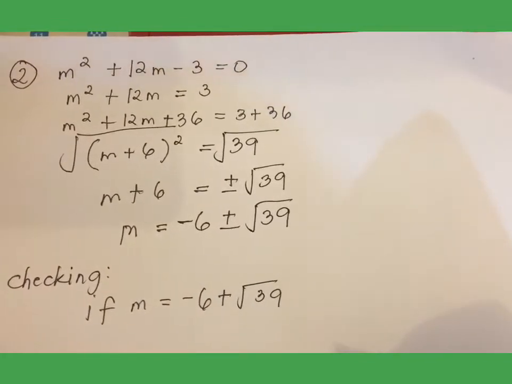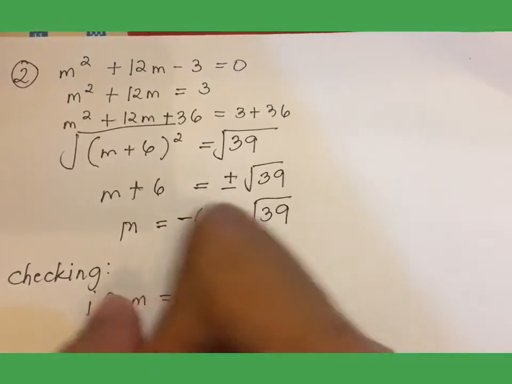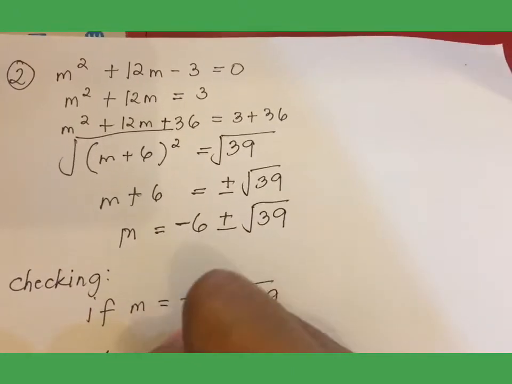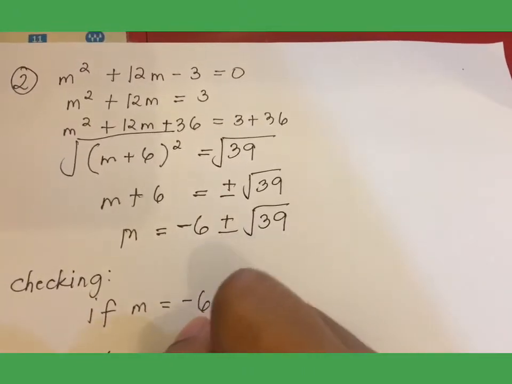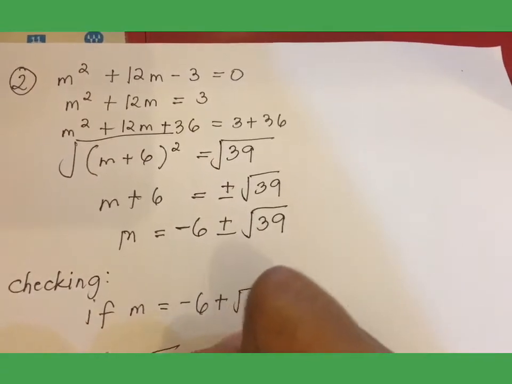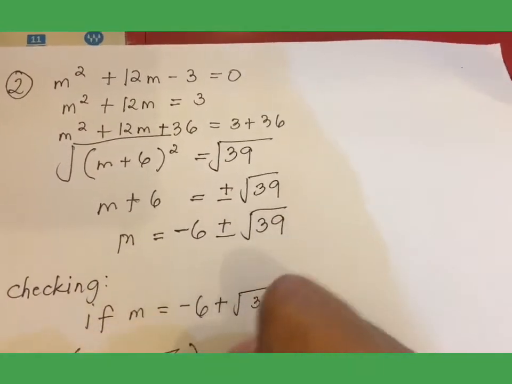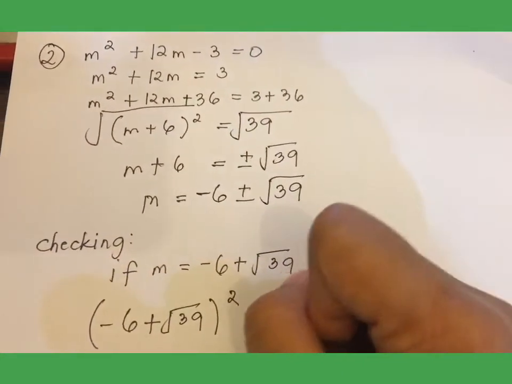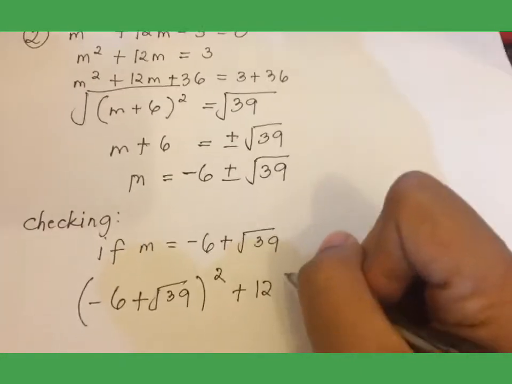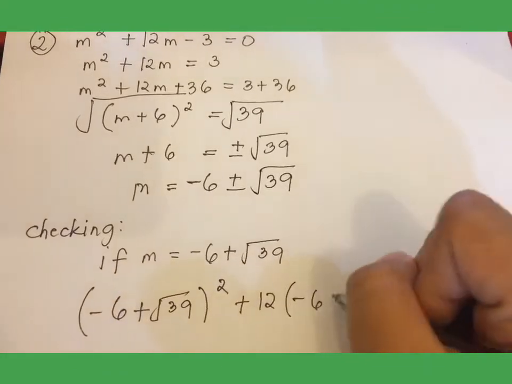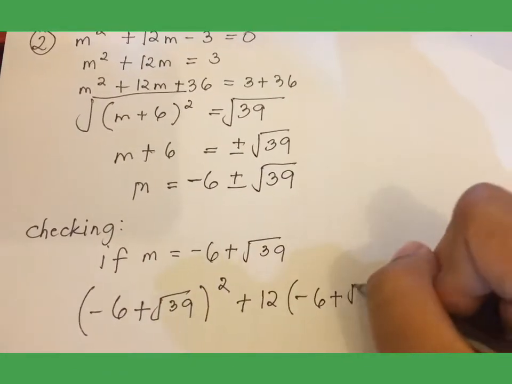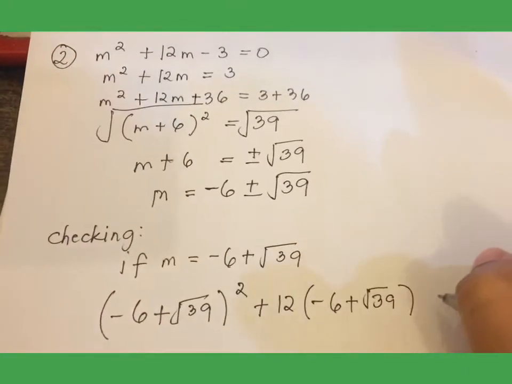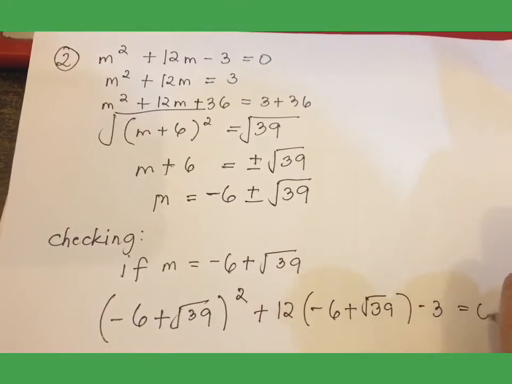So I'm going to substitute: -6 plus square root of 39, squared, plus 12 times negative 6 plus square root of 39, minus 3 equals 0.